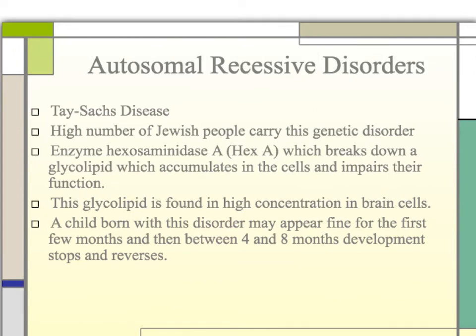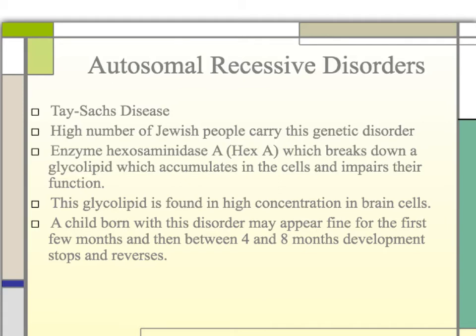The first autosomal recessive disorder that we're going to talk about is Tay-Sachs disease. We find the gene for this disorder is particularly high in the Jewish community, and this has to do with their policy in relationships, you can say, in that they try to marry only people within that same Jewish sector. Of course, there are different branches within the Jewish community.